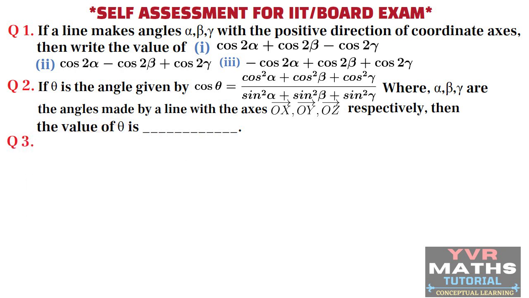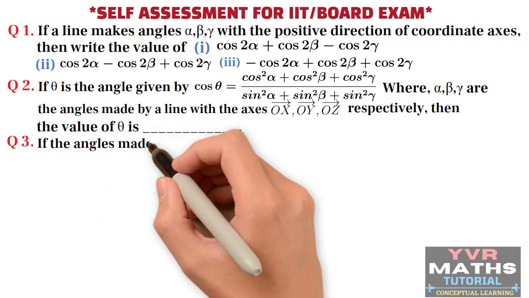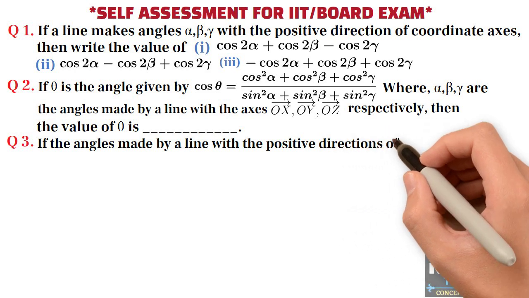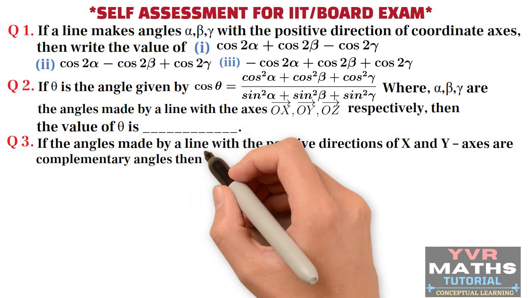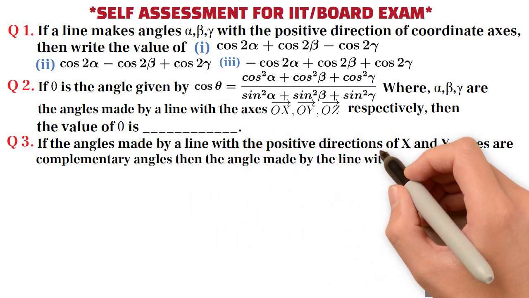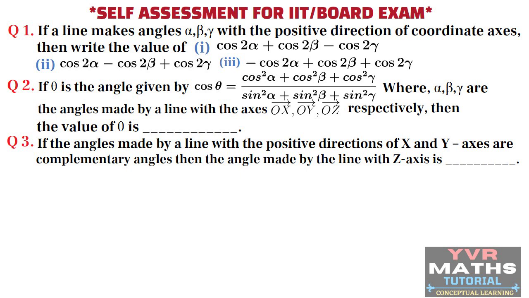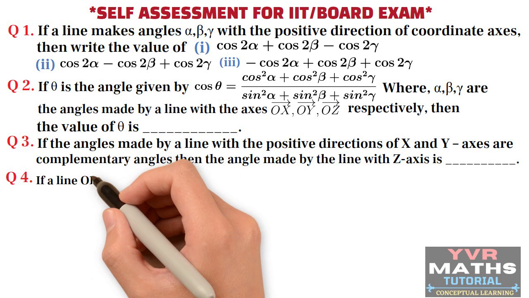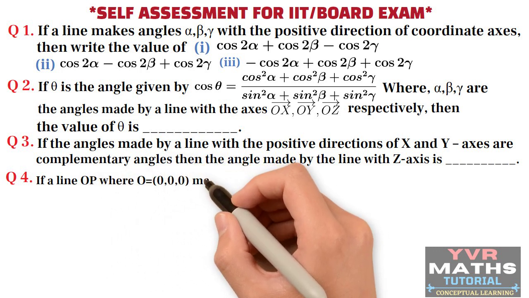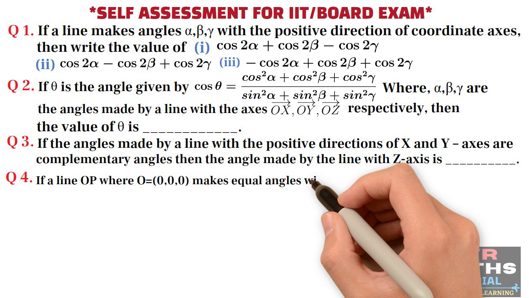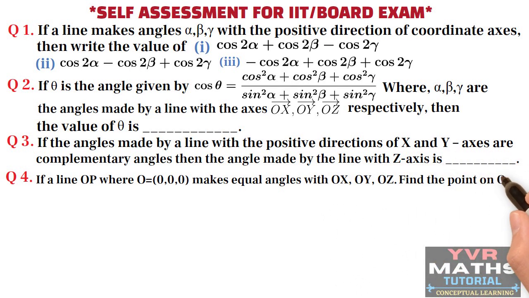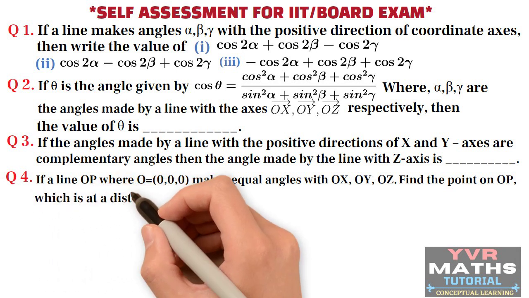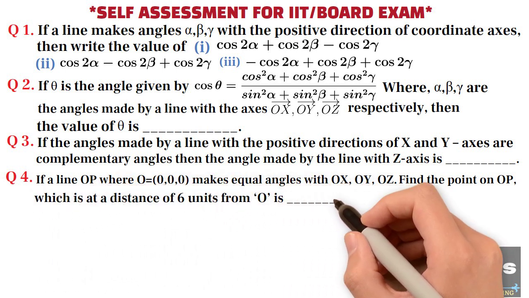Third one, if the angles made by a line with the positive directions of x and y axes are complementary angles, then the angle made by the line with the z axis is dash. Fourth one, if a line OP, where O is the origin, makes equal angles with the coordinate axes, then find the point P which is at a distance of 6 units from the origin.